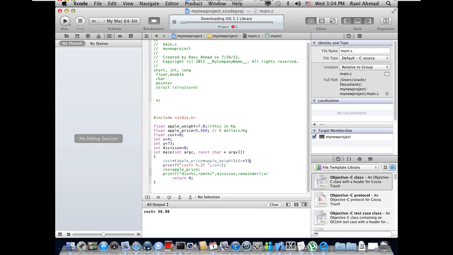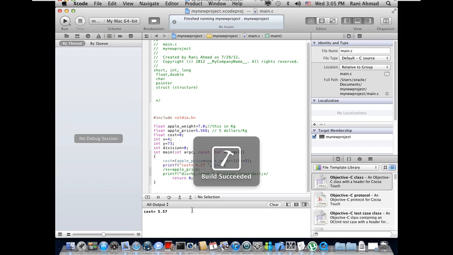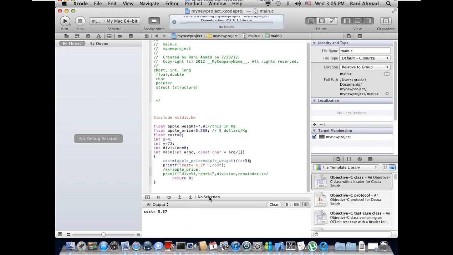That also works, because you can transform an integer into a float. But the other way around, we'll see what will happen. So for example, this is cost now, and this is all about it. So simple, not a big deal.